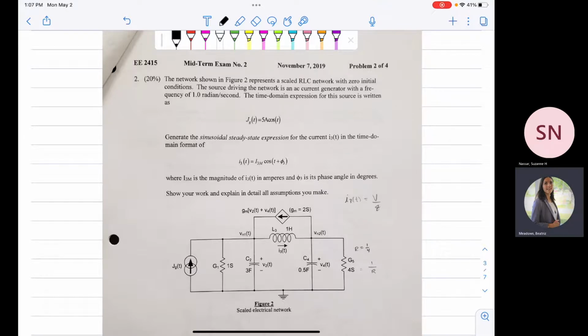Just off the bat, do you know what this looks like? What kind of network are you going to end up analyzing? What do we see there that kind of gives it away?